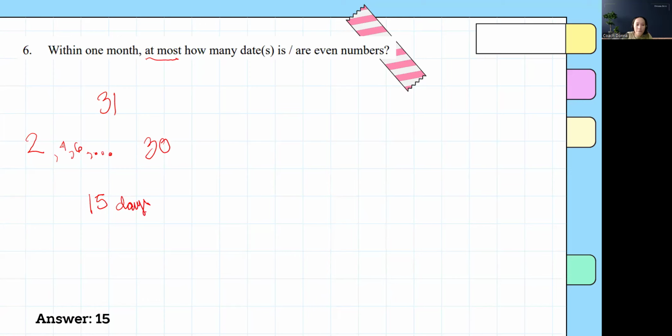So we have 15 days as our answer. Or a shortcut would be, you know that the largest even number you could have is 30, right? So just divide it by 2. 30 divided by 2, you could also have 15 as your answer.